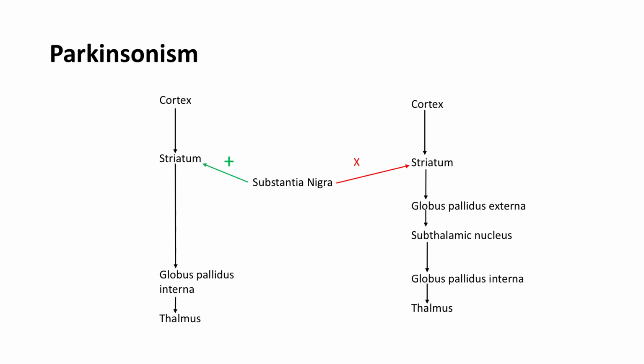Because of this dual effect, excitation of the nigrostriatal pathway has the net effect of exciting the cortex by two routes, exciting the direct pathway, which itself has a net excitatory effect, and inhibiting the indirect pathway, thereby disinhibiting the net inhibitory effect of the indirect pathway on the cortex.